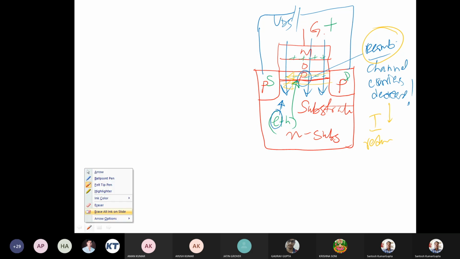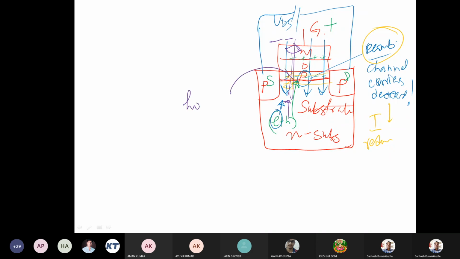Whereas if we apply a negative gate voltage, the electric field will change its direction, and now holes will be attracted toward the channel and will enhance the hole concentration. So the hole concentration in the channel will enhance, and that will increase the current.